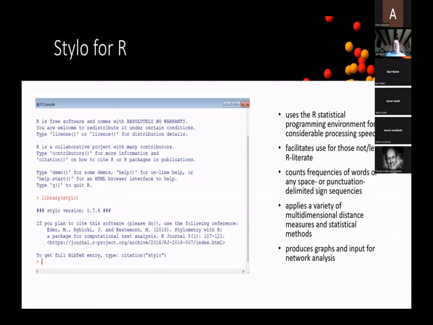Now, the good news is, of course, we don't do this by hand anymore. Maciej Eder, Mike Kestemont and myself have written a package for R, which helps you do that very, very quickly. And by the way, if you ask us, we will come and teach you how to do that.